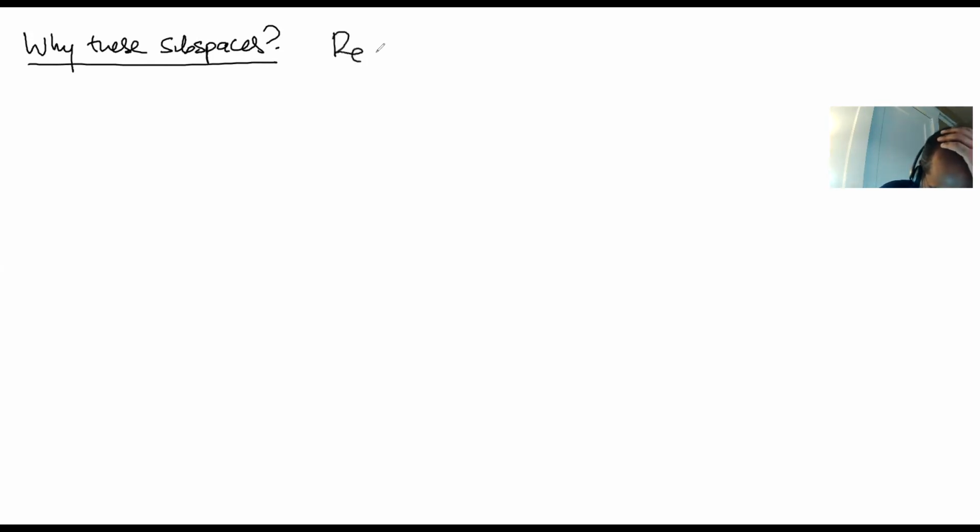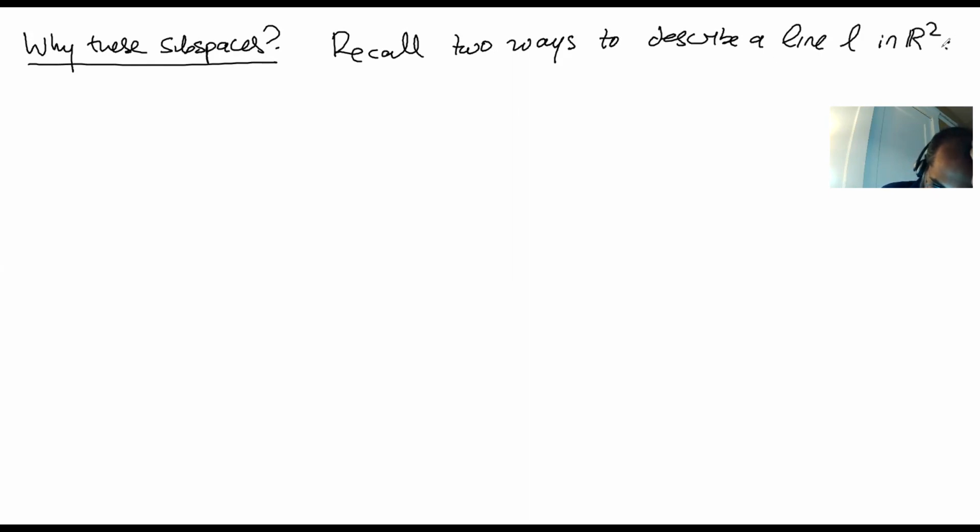So recall, 2 ways to describe a line L in R2, a line through the origin. The first way is to write it as the solution set of an equation, right?